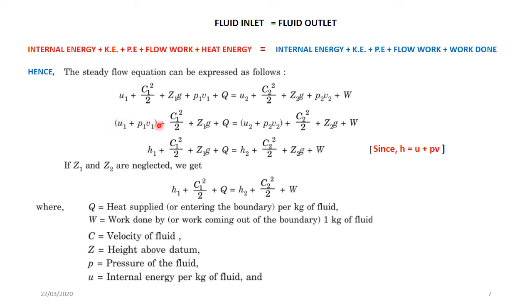We already discussed what enthalpy is: H is equal to U plus PV, the general formula. So for the initial state, U1 plus P1 V1 is H1, and the same on the right side for H2, plus C2 square by 2 plus Z2G plus W.